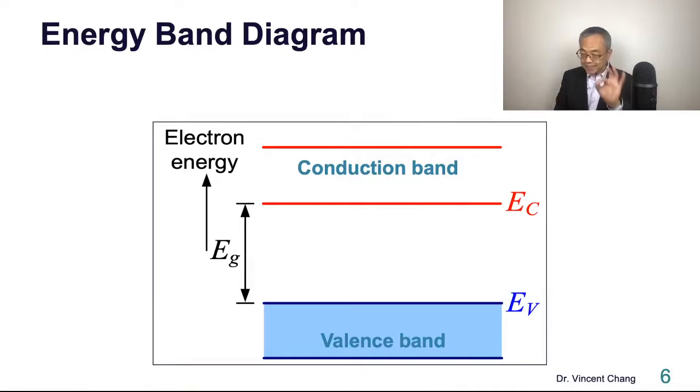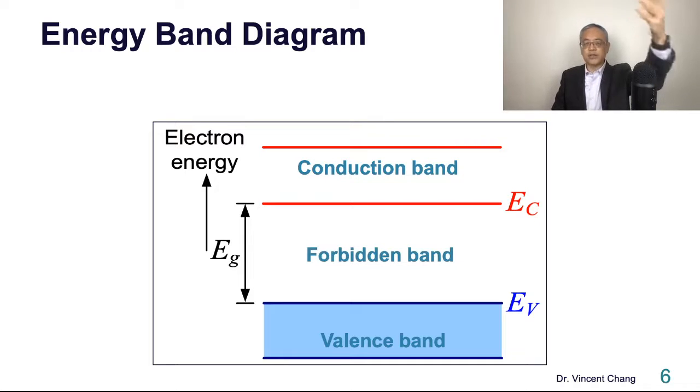So in silicon, you have two choices. You either stay in the valence band or you go up to the conduction band. If an electron wants to exist in the semiconductor material, you have these two choices.